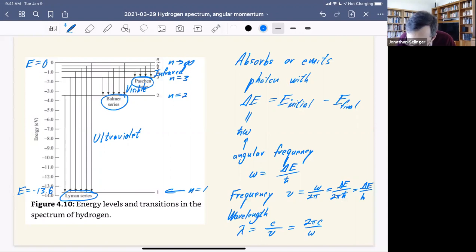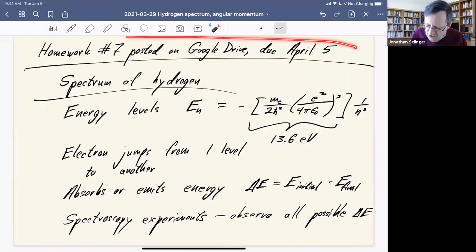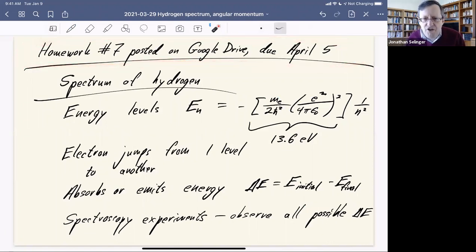Right, and so there are going to be a few questions about that on the homework assignment, which I just assigned. And so that's just to prepare you for that, which brings me back to mentioning, I just assigned a homework for you related to the hydrogen atom. So that's homework number 7, which is posted on the Google Drive, due on April 5th.